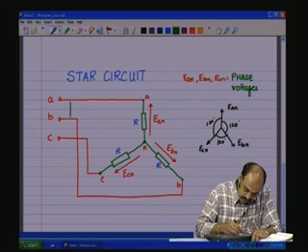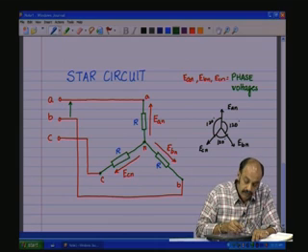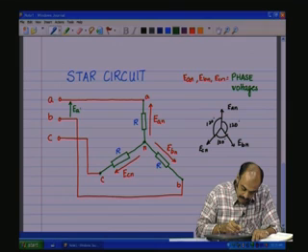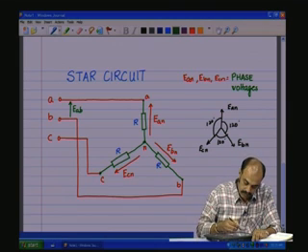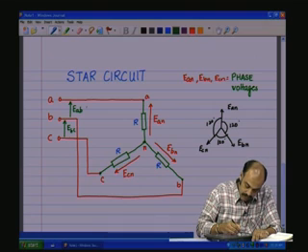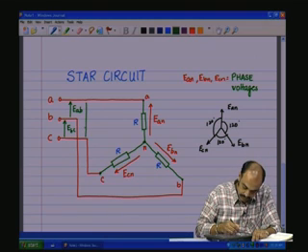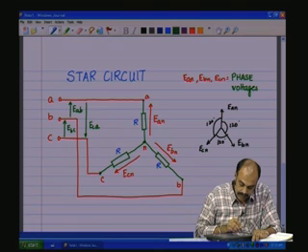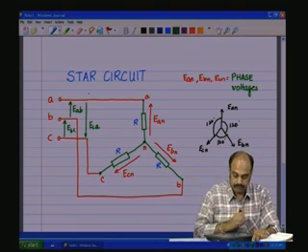Now, this voltage between these two lines, this is called E A B, and this voltage is called E B C, and this voltage is called E C A cyclically, A to B, B to C, C to A. Okay.